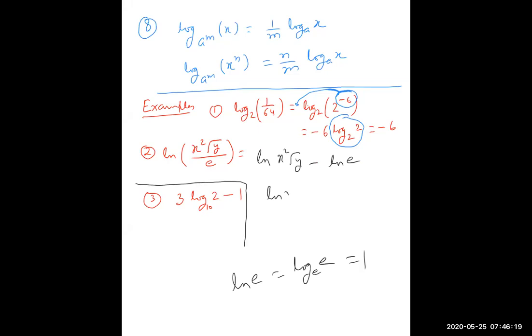What is product rule? Ln x square plus ln under root y minus 1. So this is 2 ln x plus 1 upon 2 ln y minus 1. In this way you can write, expand it. This is the expansion form of this.